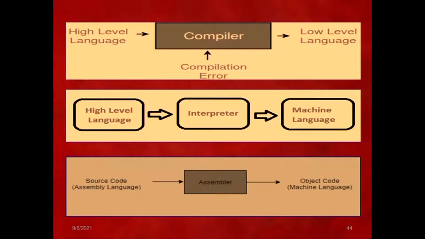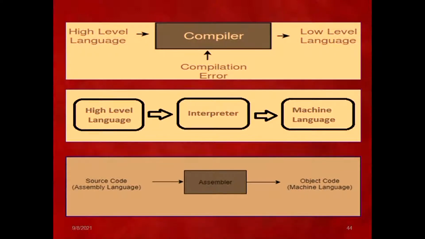Let us have a look at this image, as we have just discussed compiler, interpreter and assembler. As you can see here, a compiler is used to convert the high level language to the low level language, or we can say machine code. Similarly, an interpreter also converts the high level language to machine code.